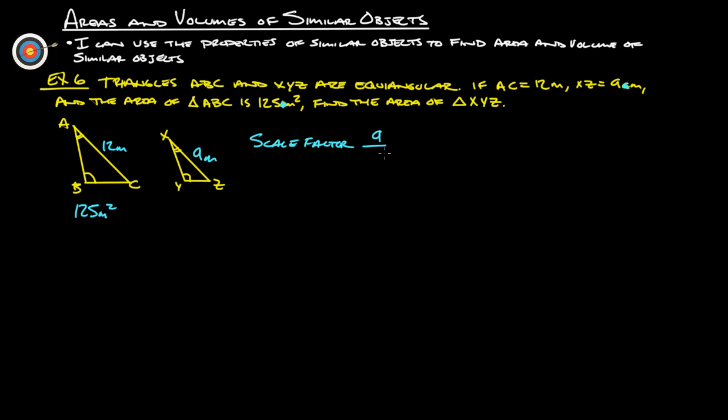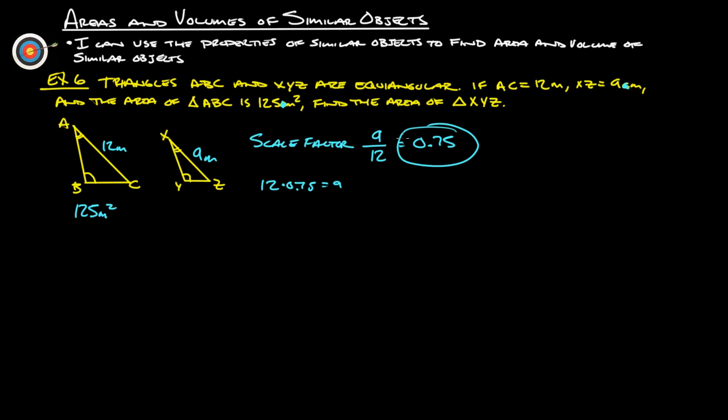So let's do 9 over 12, which equals 3/4 or 0.75. So 0.75 is our scale factor, because 12 times 0.75 is going to equal our 9. Always have the image as your numerator, and your pre-image as the denominator, 12. So what you ended with over what you started with.